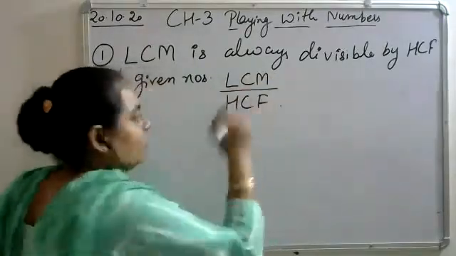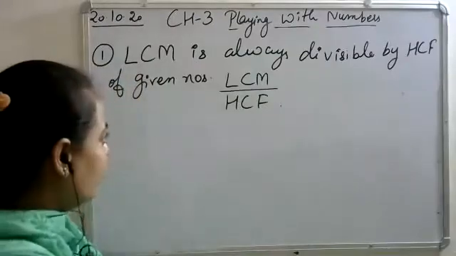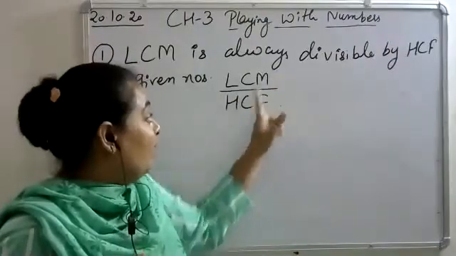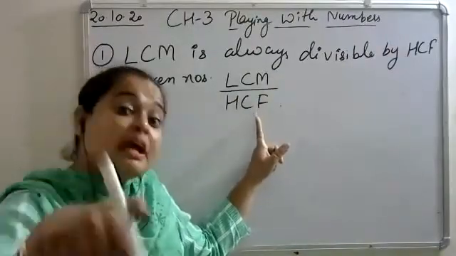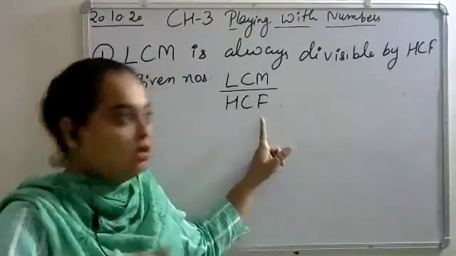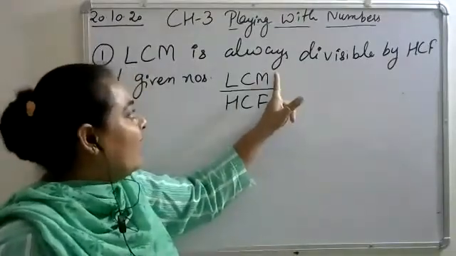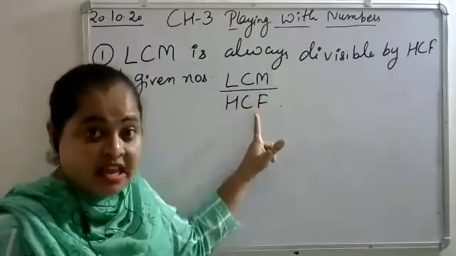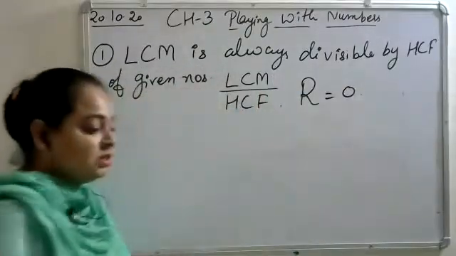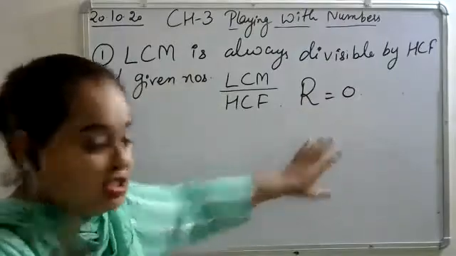It means whenever you divide the LCM by the HCF in the same question, the remainder is always 0. This thing is very important.